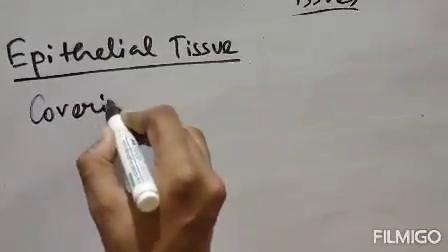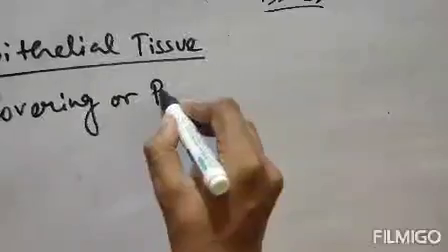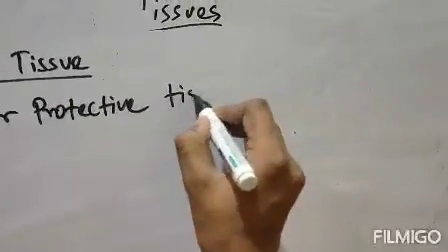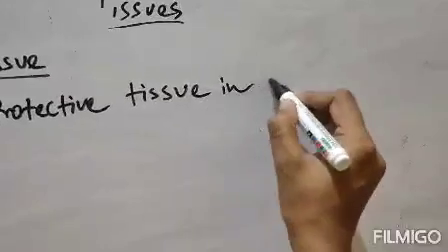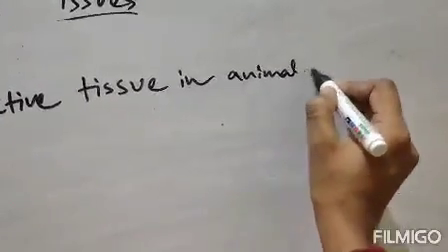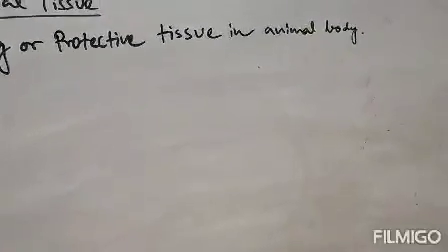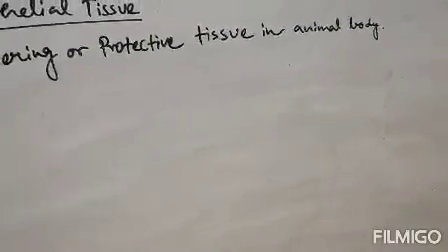So it is the covering or protective tissue in the animal body. These are epithelial tissues.